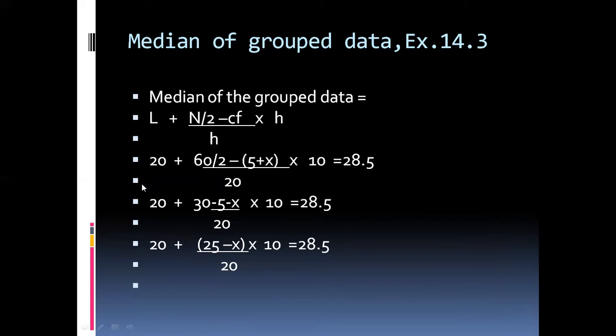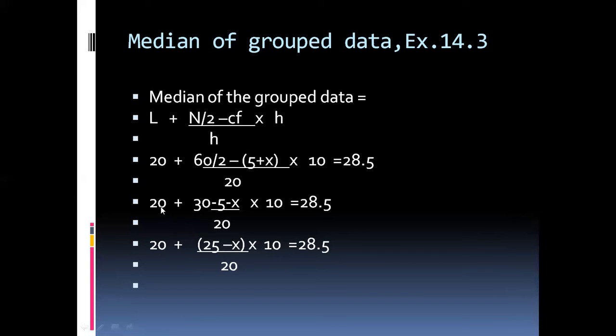Substitute all the values. 20 plus, n is given as 60, 60 by 2 minus our CF value in the table, which is 5 plus x. Put it in brackets because it is a binomial. Then into the class size 10, by the frequency with respect to the n by 2 value, which is 20, is equal to 28.5, the median.